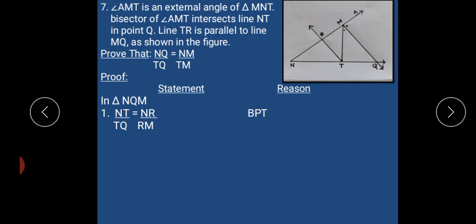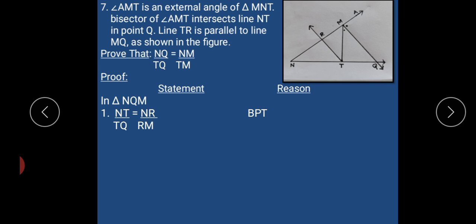Now, at this stage, if you see what is asked to prove, except TQ, the rest is different. In place of NT, we want the entire side NQ. And in place of NR, same thing, we want NM.